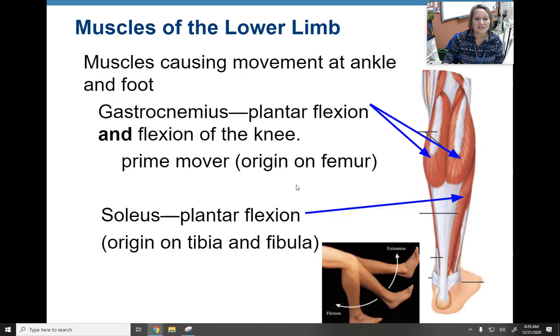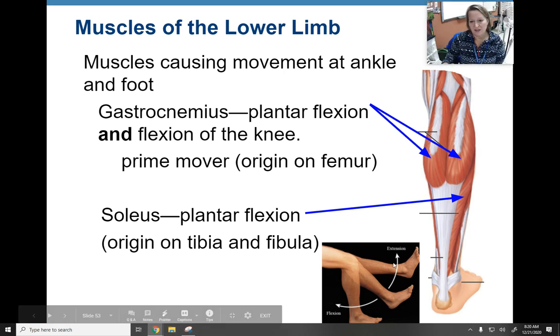The muscles that cause the ankle and the foot to move also include the gastrocnemius, and that's your big calf muscle. And that is involved in plantar flexion and flexion of the thigh. Why that happens is because its origin is on the femur.